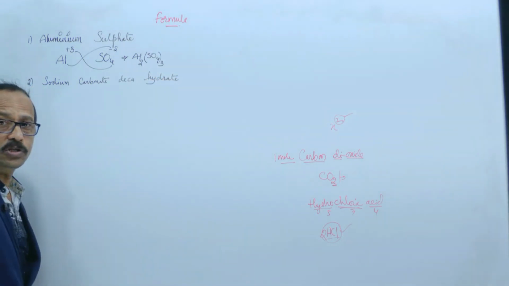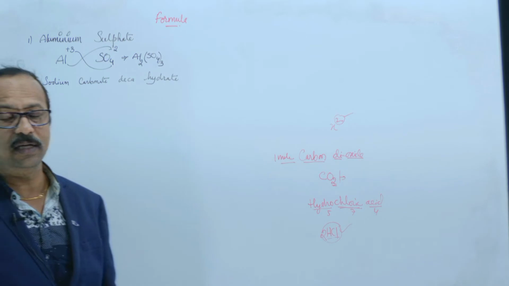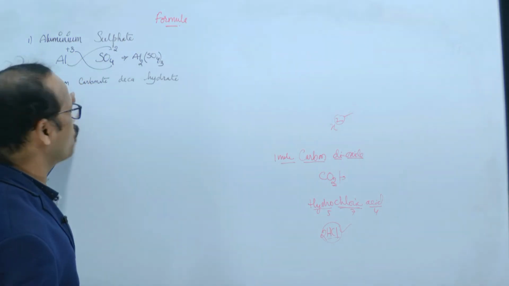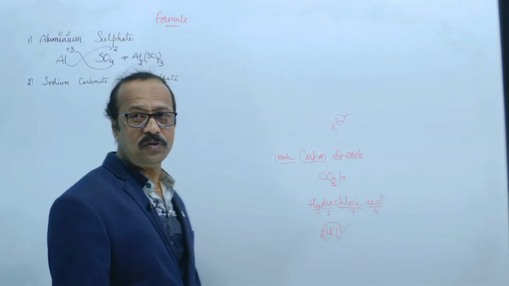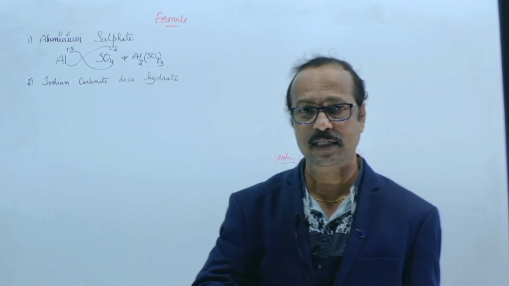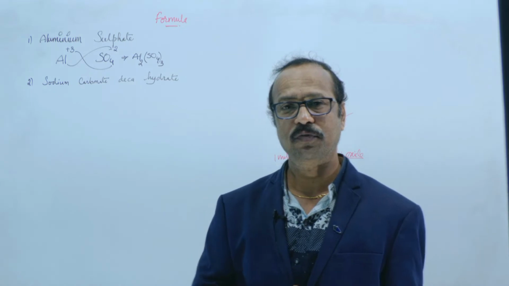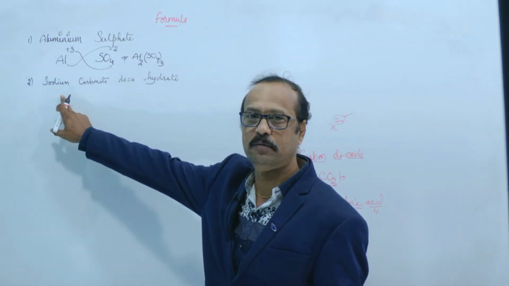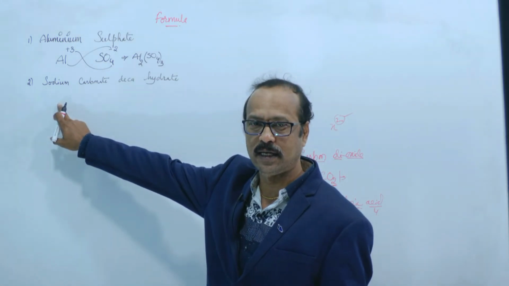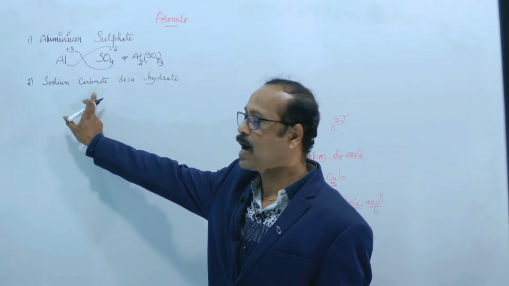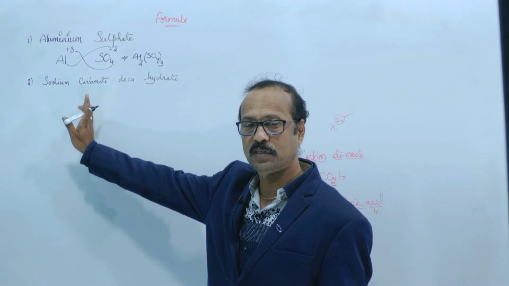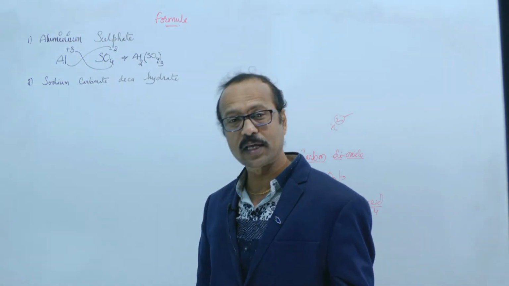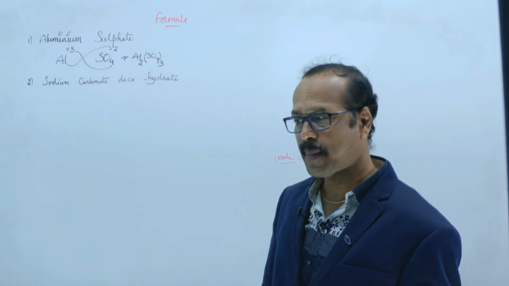Chalo. So what is the sodium symbol? I said the first one is electropositive, and you can find it in the synopsis. You will have the sodium symbol, its valency and charge. And carbonate is electronegative, so look in the synopsis for the carbonate formula and charges.